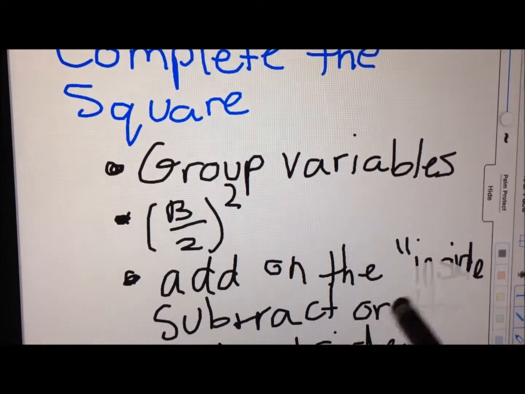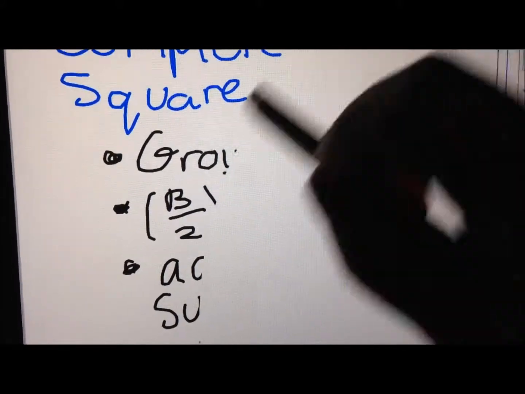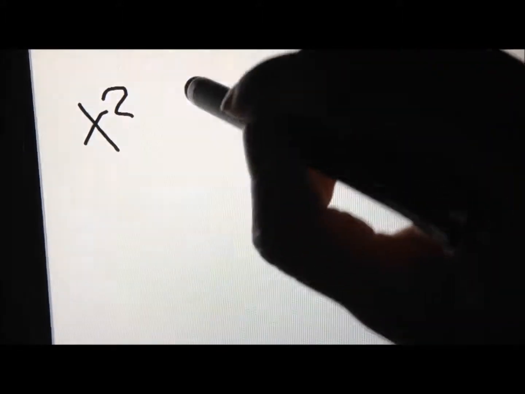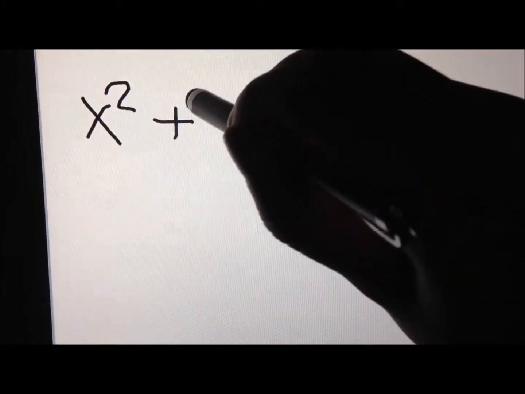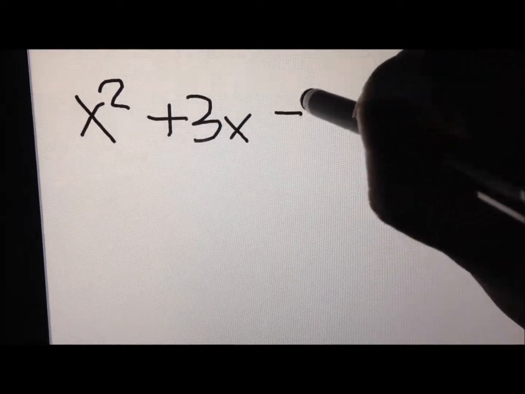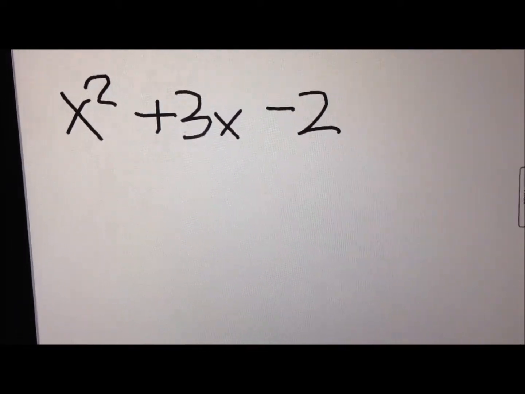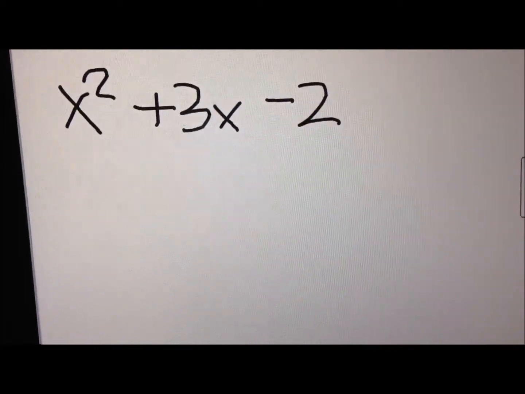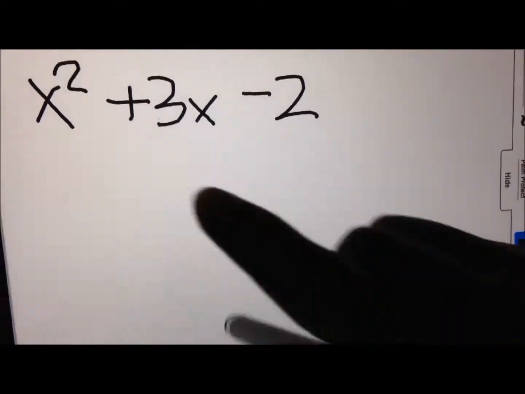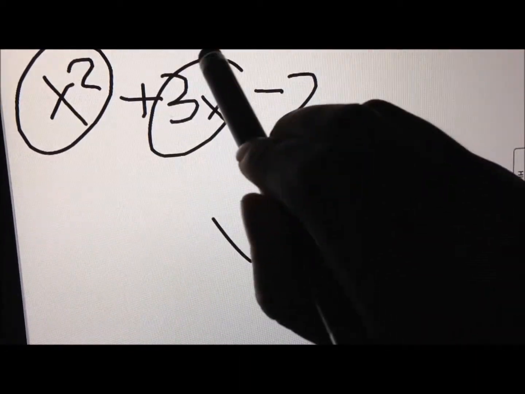Now, let me show you what we mean by that. Say we have a problem like, I don't know, x squared plus 3x minus 2. Say we want to put that in vertex form. Well, first we would group the variables.